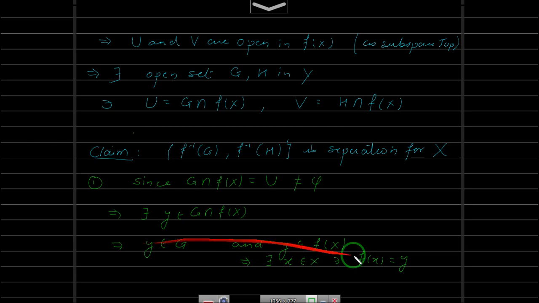And we know that this y belongs to G. So this implies f(x) belongs to G. Let us go on to the next page. This implies x belongs to the inverse image of G. Right?